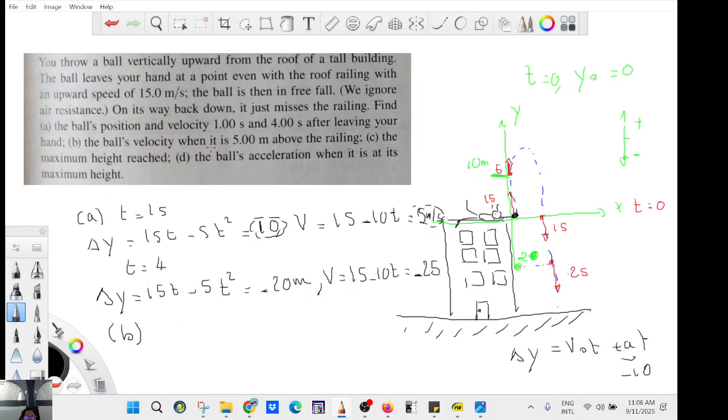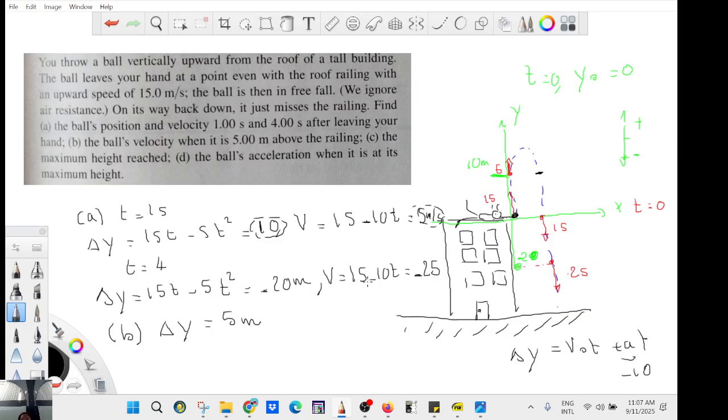Okay, the ball velocity when it is 5 meters above the railing. So we want the velocity when it's 5 meters above. So you're going to translate that as displacement is 5 meters. Yes or no? Yes. And what do we want? We want the velocity. Yes.